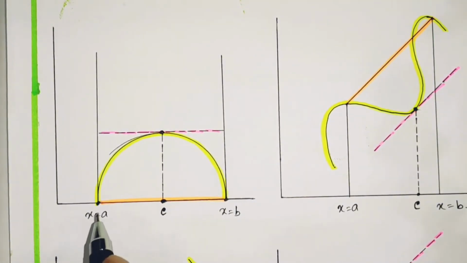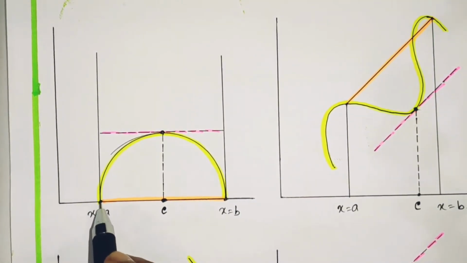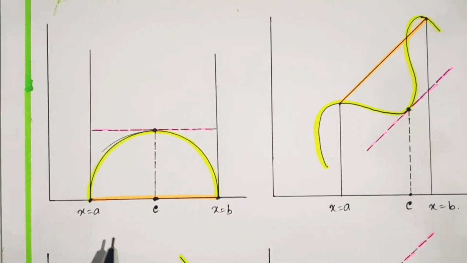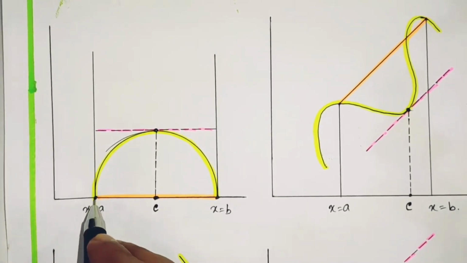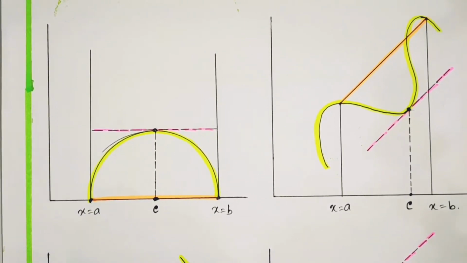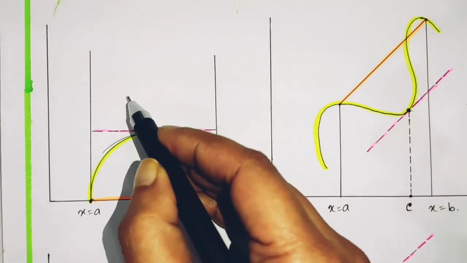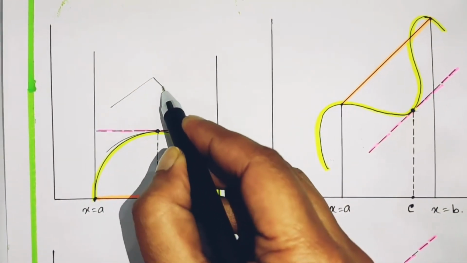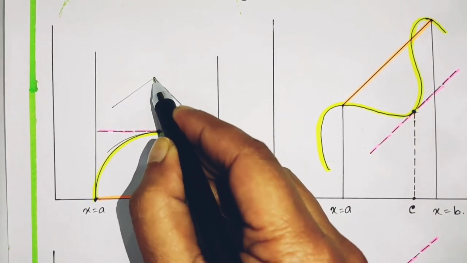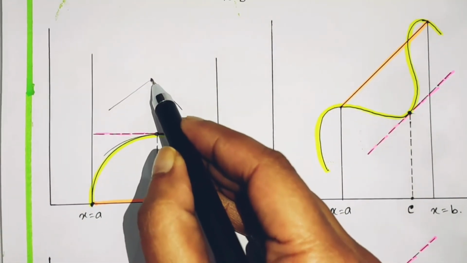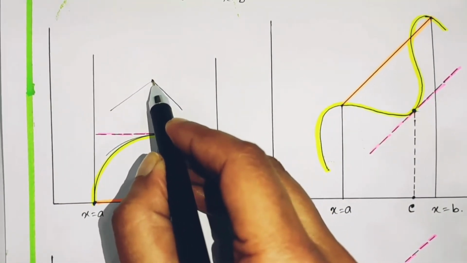If we find that at any particular point the tangent is perpendicular to the x-axis, then at those points we will not find any tangent. Not only that, if we have any corner point, like if a curve is like this one, then at such points the derivative doesn't exist.